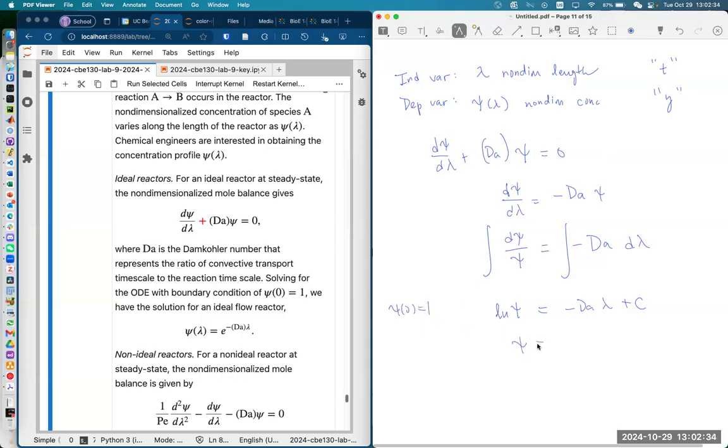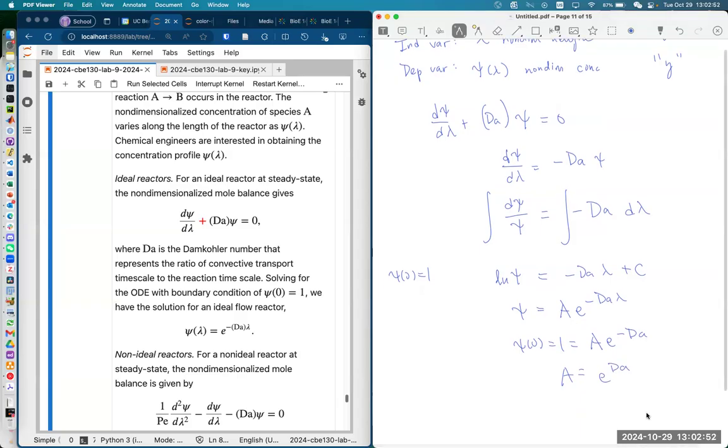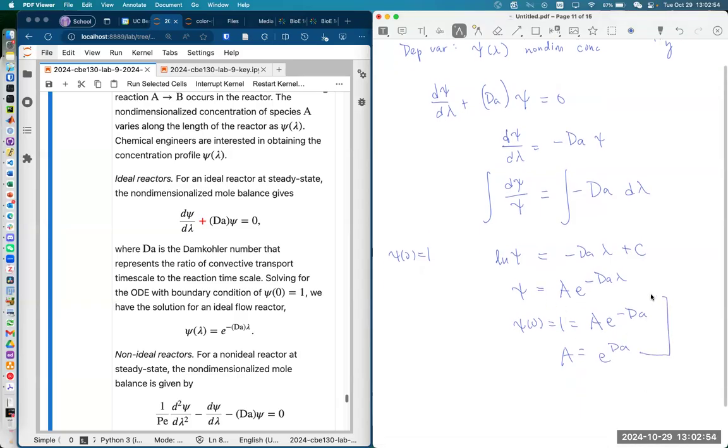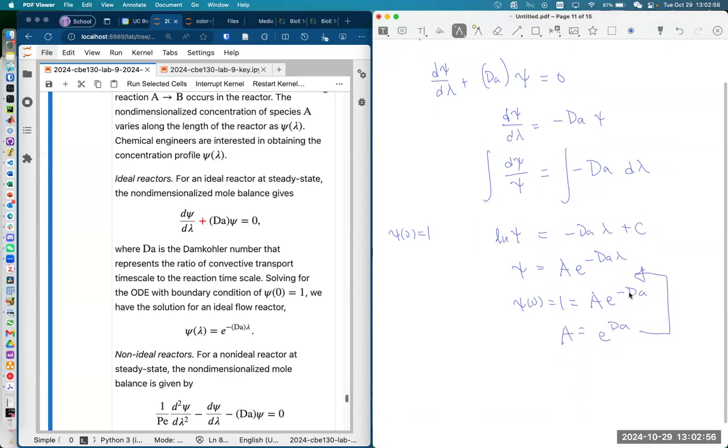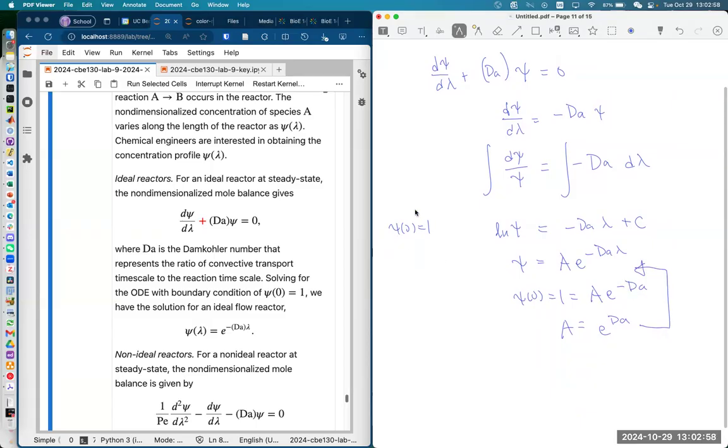So this is psi equals A times e to the minus DA lambda. So psi of 0 is equal to 1, and then you substitute, A e to the minus DA, and so A is equal to e to the DA. And then you substitute back to get the final result. This is one way.